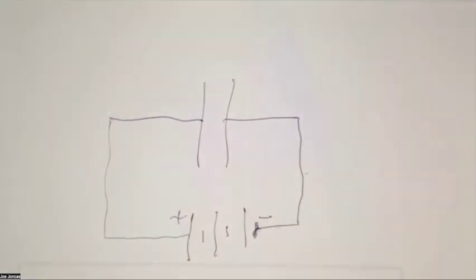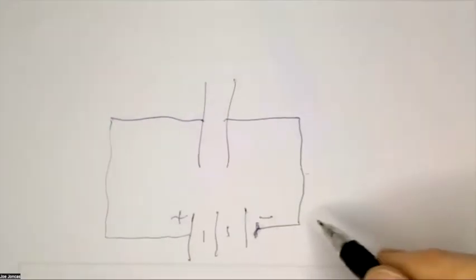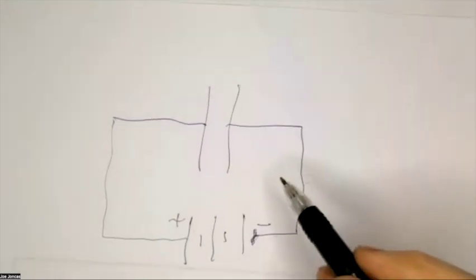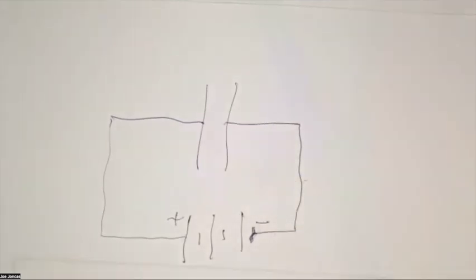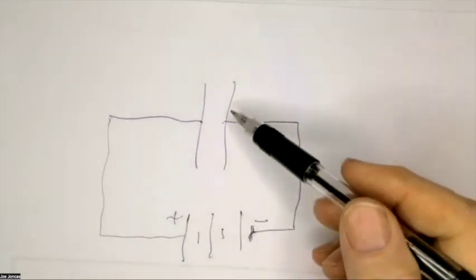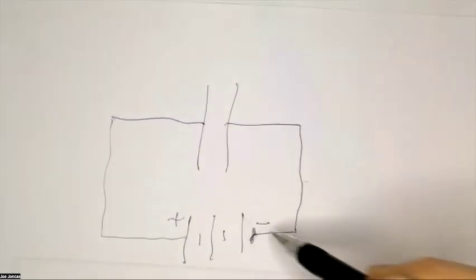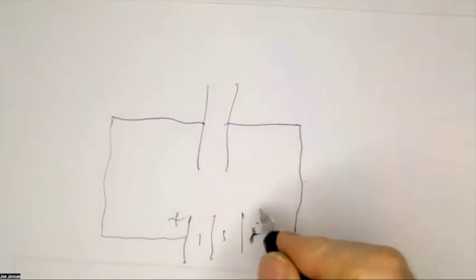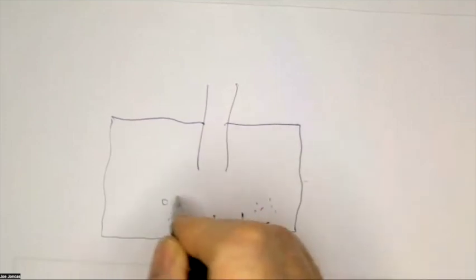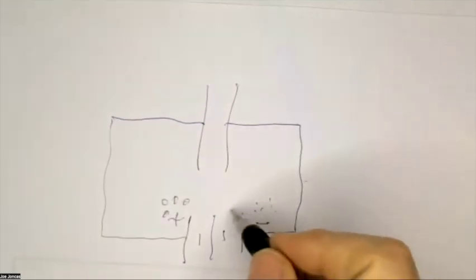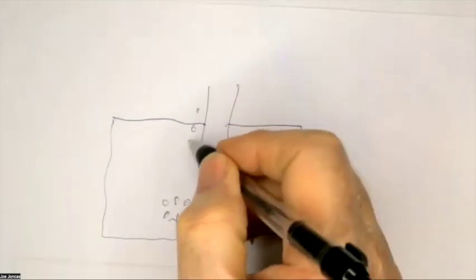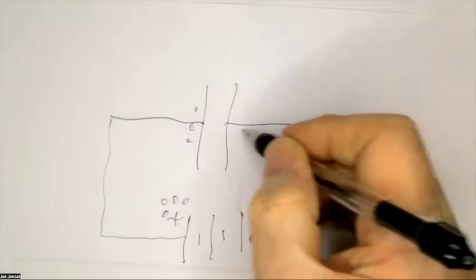When I first did my little thing with all the electrons on the rod, the little blue pills, I had that backwards. But what happens here is we've got a negative charge on this side and positive charge over here. Here we got electrons, right? Here we got holes. So because there are holes on this side, they will attract the electrons over here.